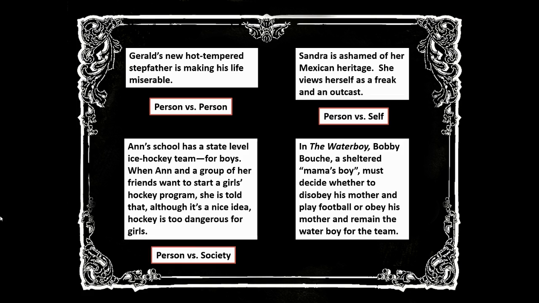And then finally, in The Water Boy, Bobby Boucher, a sheltered mama's boy, must decide whether to disobey his mother and play football or obey his mother and remain the water boy for the team. This is for sure person versus self. He has to decide if he's going to disobey his mom or not.